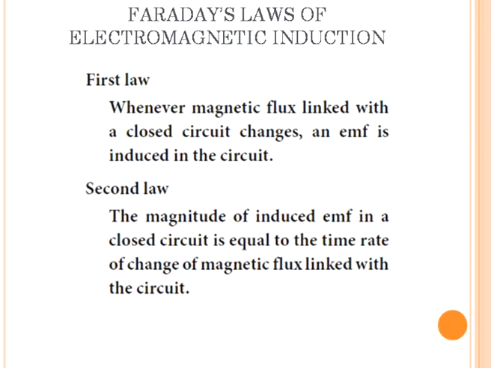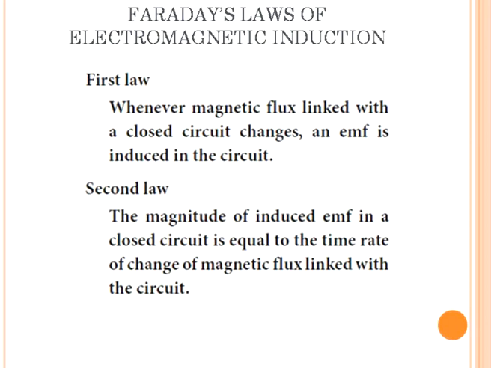The first law says: whenever the magnetic flux linked with a closed circuit changes, an EMF is induced in the circuit. And the second law says: the magnitude of the induced EMF in a closed circuit is equal to the time rate of change of magnetic flux linked with the circuit. That means the faster the change in magnetic flux, the more the amount of EMF.